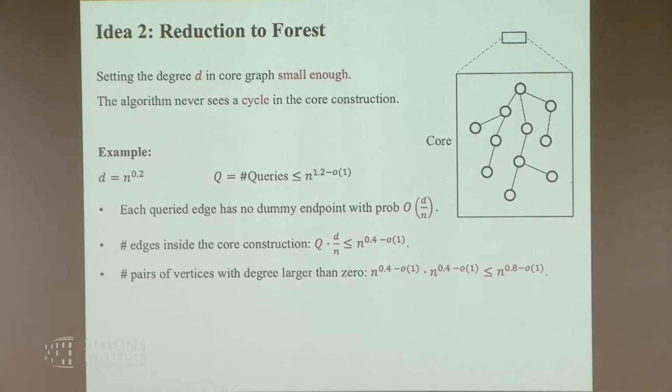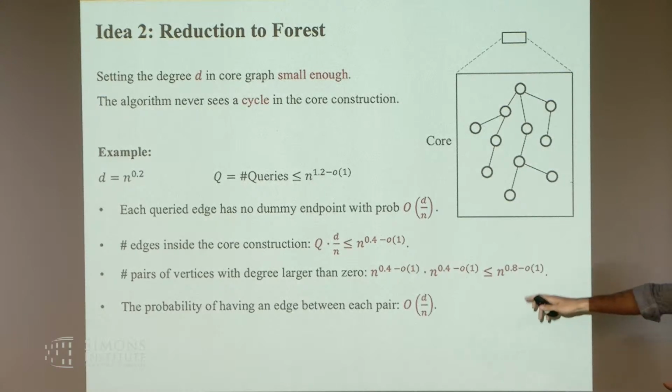So the number of pairs of vertices that have degree larger than or equal to 1 is bounded by n to 0.8. And because we assume that the graph in the core is somehow random, the probability of having an edge between those pairs is bounded by d over n.